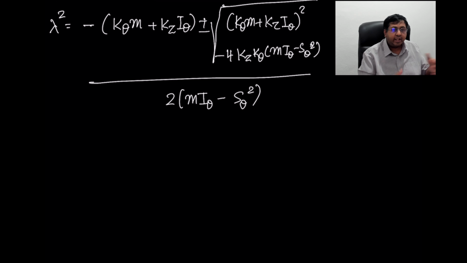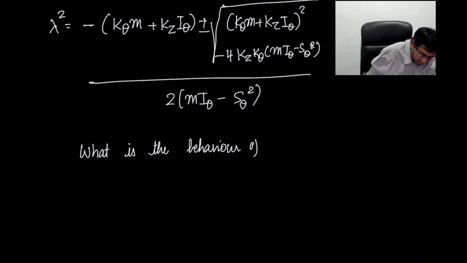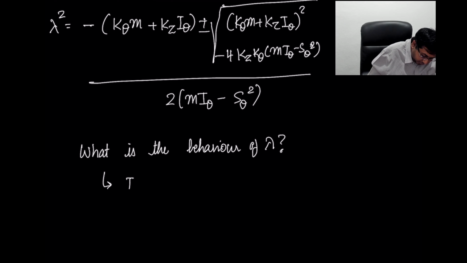So this equation itself is not really giving us any information. We did calculate some kind of an eigenvalue solution, but we want to understand the behavior of this lambda itself. So what is the behavior? Let's write this down. Our big question is, what is the behavior of lambda? Is lambda greater than 0, or is lambda less than 0?